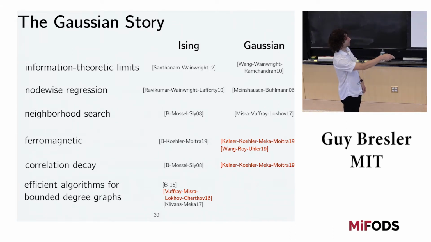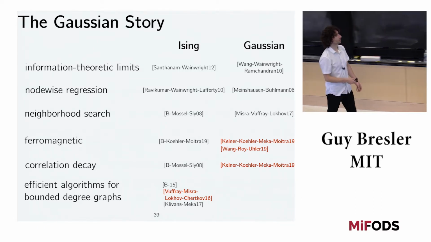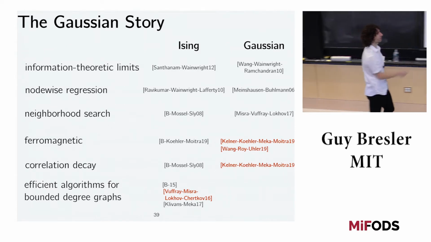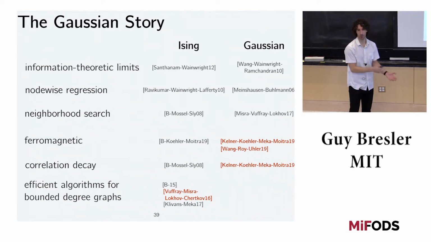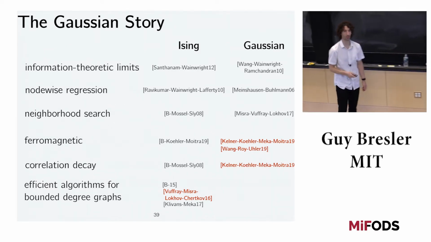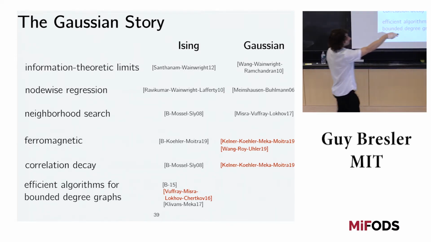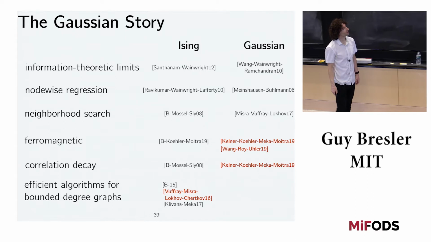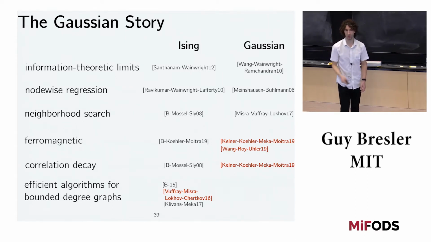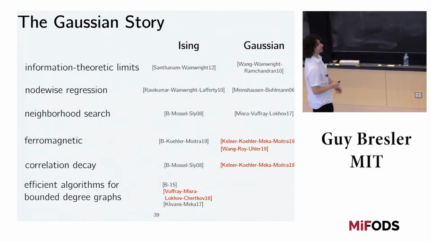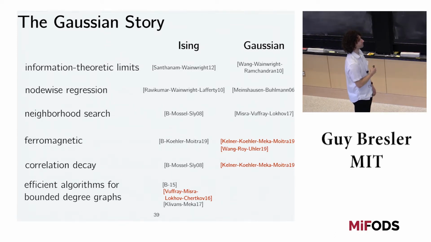But there are some recent progresses in the Gaussian case that use sort of physical intuition that's analogous to situations in the Ising model to get nice results in the Gaussian setting. And Frederick Kohler, who's there, will be giving a talk on this topic, I think Wednesday, but I'm not 100% sure. Definitely in the next 3 days. So you should come to his talk. Okay.